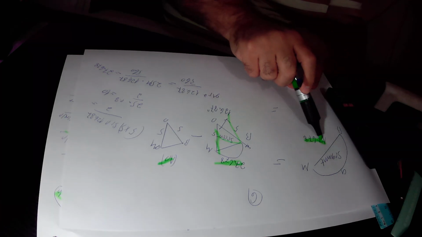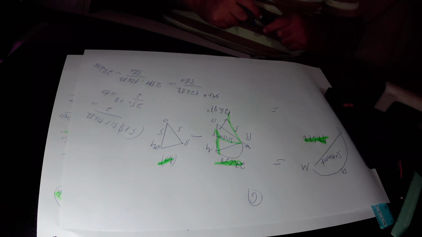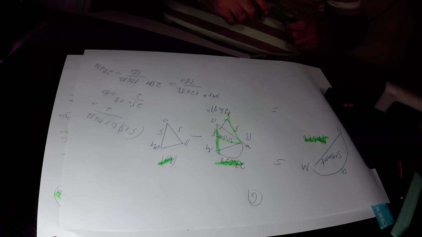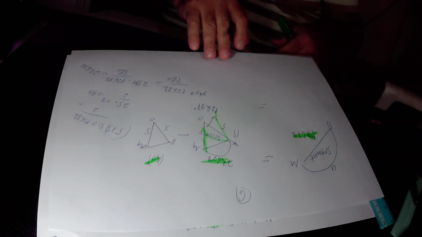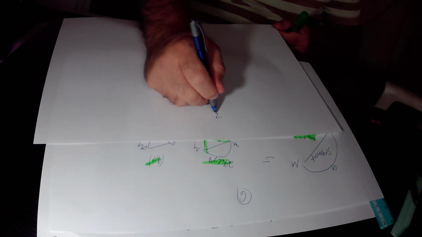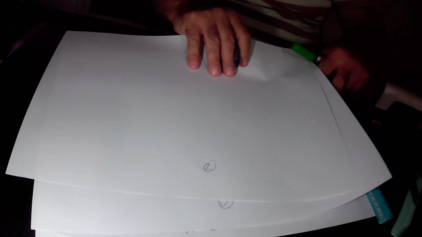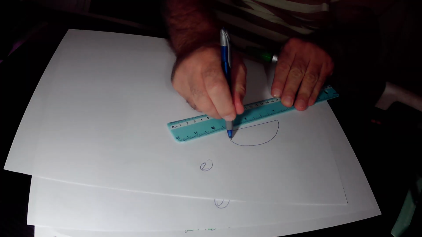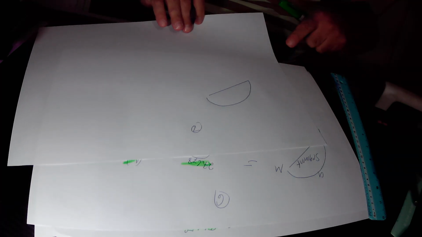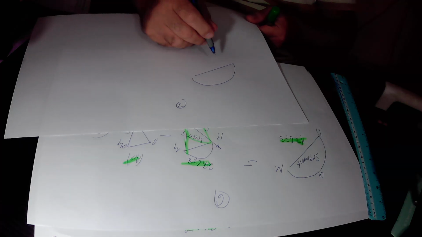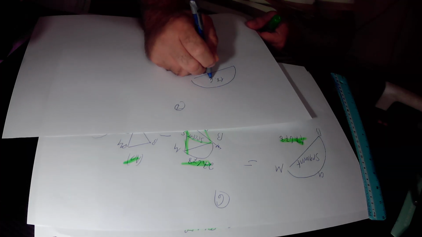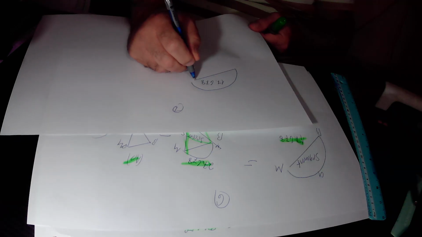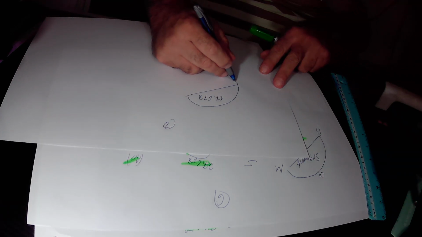So the area of the upper segment BUM equals 17.678 square units in size, plus the area of the lower segment.